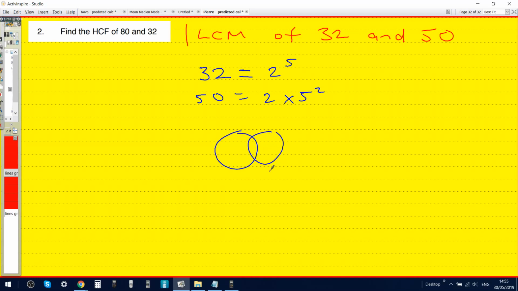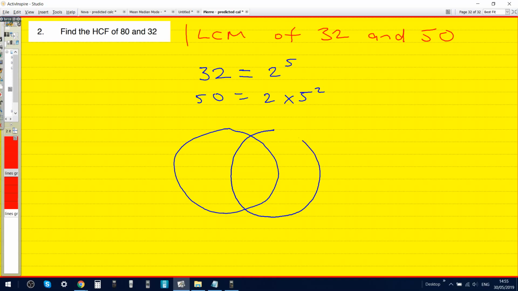Right. So what would it be in a Venn diagram? So we put it in the Venn diagram. So common, 2 would go in the middle. That leaves us with 2 to the power of 4, and then 5 squared.